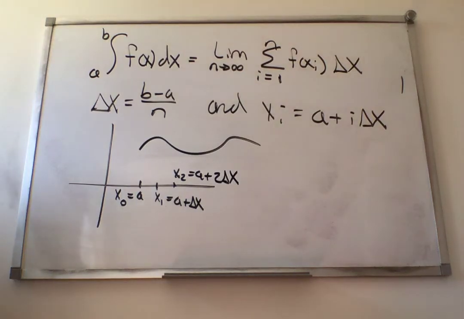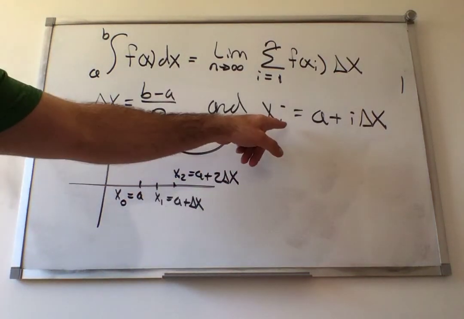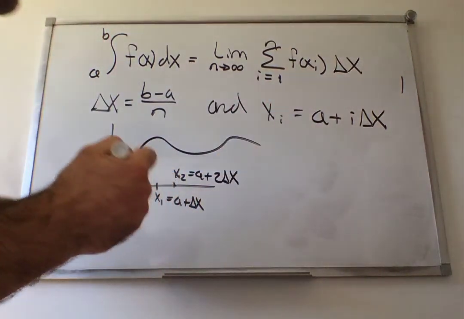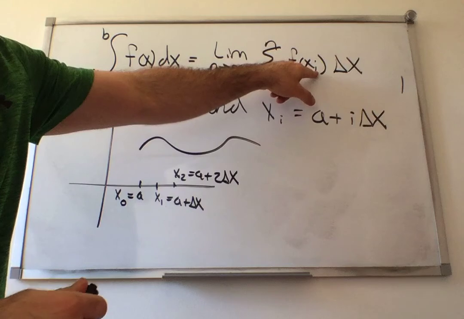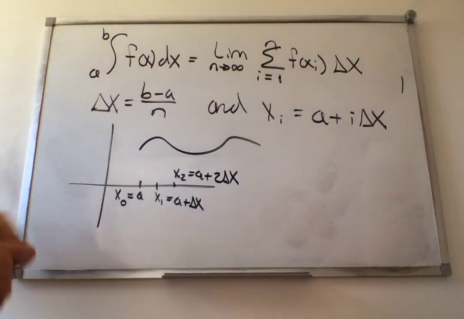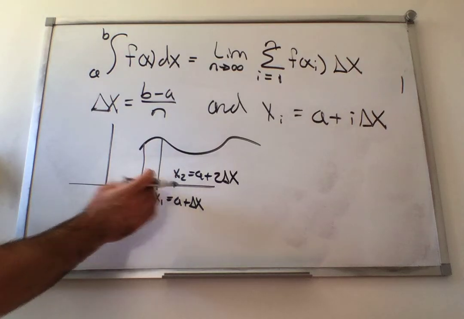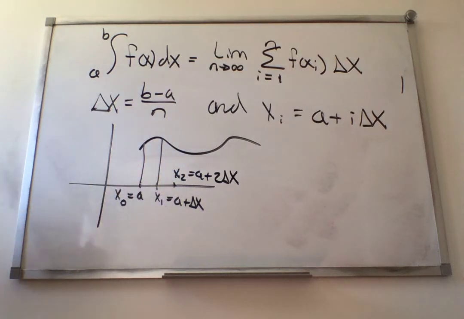Now, by doing it in this procedure, we start out with i equals 1, so we start out with x1. If I look at this rectangle right here, x1 is the right endpoint.